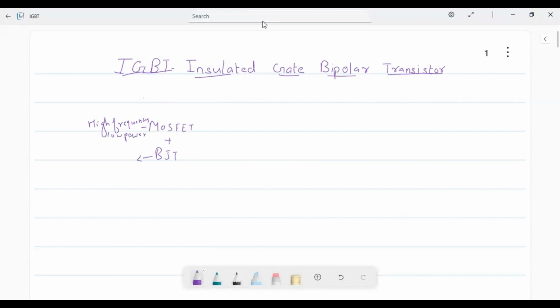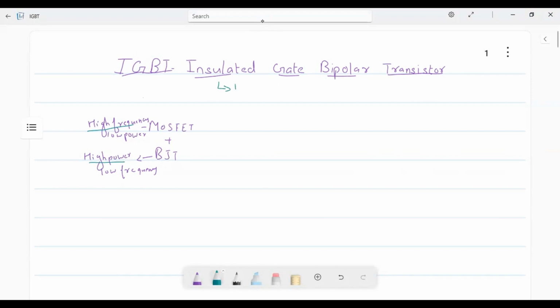And BJT we can use in high power, low frequency applications. And when we want high frequency and high power, we will move to IGBT, or insulated gate bipolar transistor.